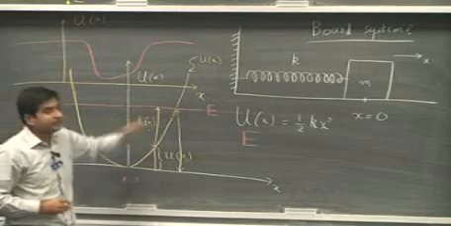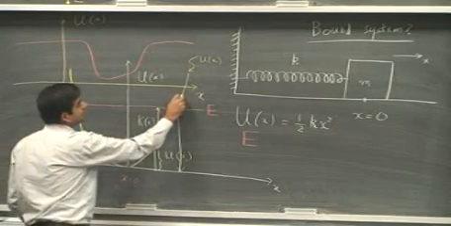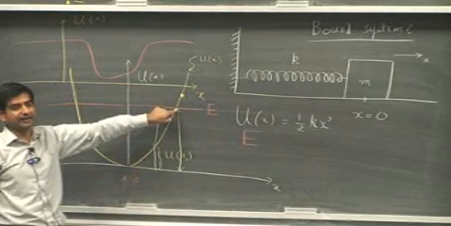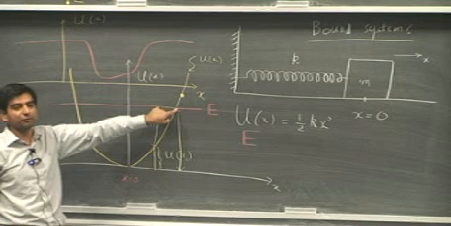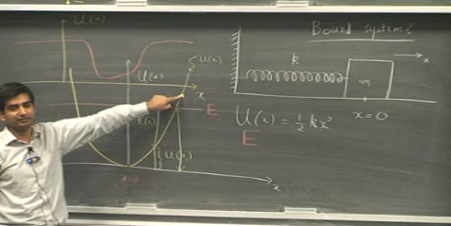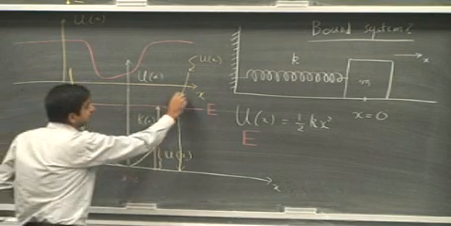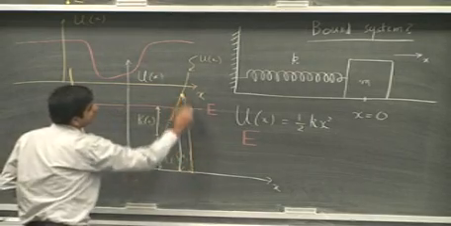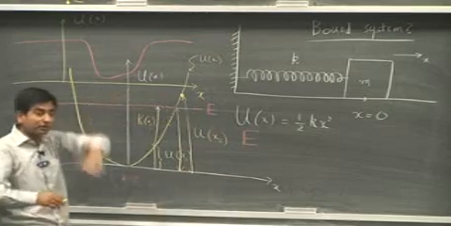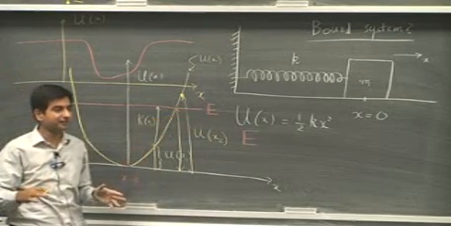But if E is fixed, is it possible to reach this point beyond this extreme position? No, because this would imply a negative kinetic energy. This would imply a negative kinetic energy because this is the total potential energy U at x2, but the total energy is smaller than the potential energy, so the kinetic energy has to be negative.